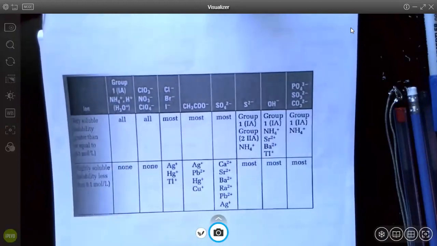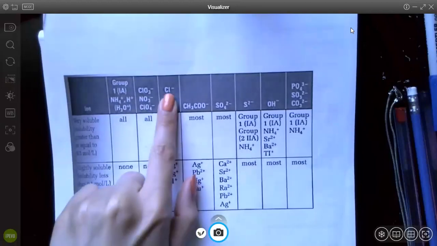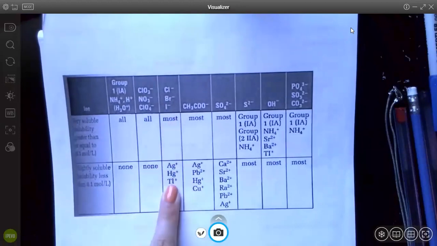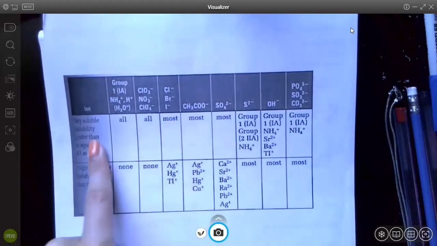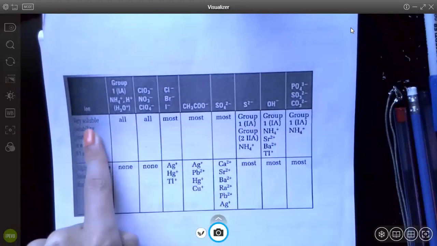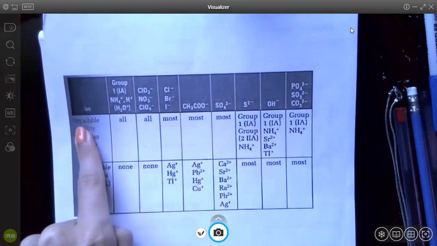So if we were looking at NaCl, for example, we would find the chlorine ion first, and then we would look underneath it to see where the sodium ion fell. And because the sodium is not listed down here, it falls into the most category. And anything in this top column is very soluble.